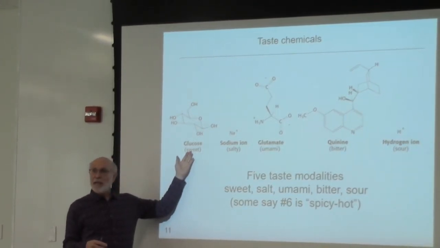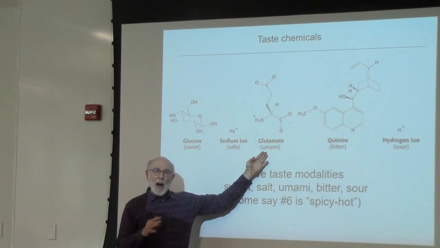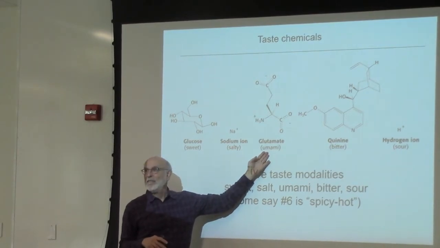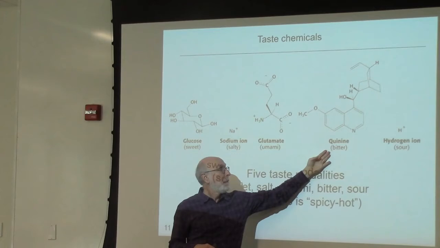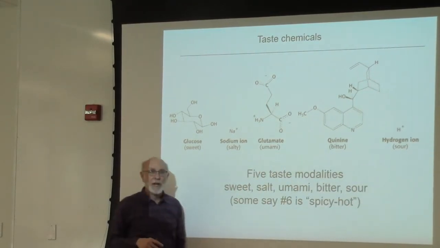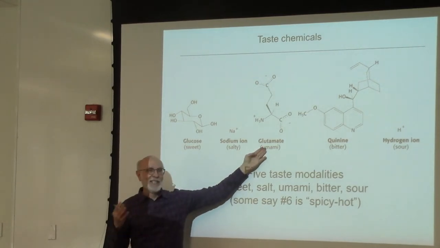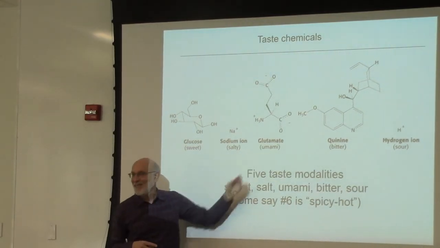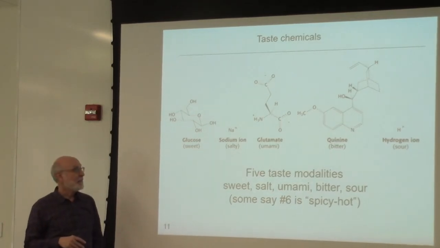We can detect sweet, salt, umami, basically the taste of meat, bitter, and sour. Those are the 5 taste modalities. Umami is the Japanese word for delicious, and it has its own sensory modality.